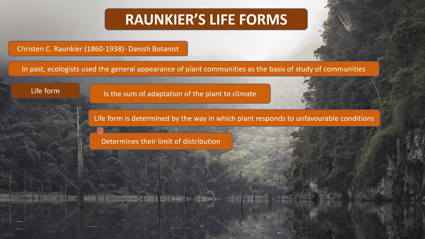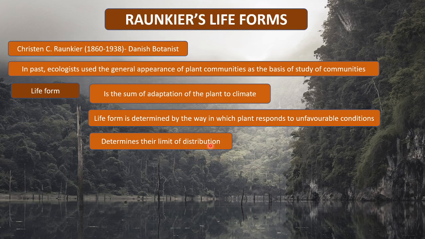So this actually determines the limit of distribution. How a plant responds to unfavorable conditions will determine its limit of distribution, right? Because for example, if there is a cold climate and a plant is not able to adapt or respond to this unfavorable condition, then its distribution, its number, will reduce.